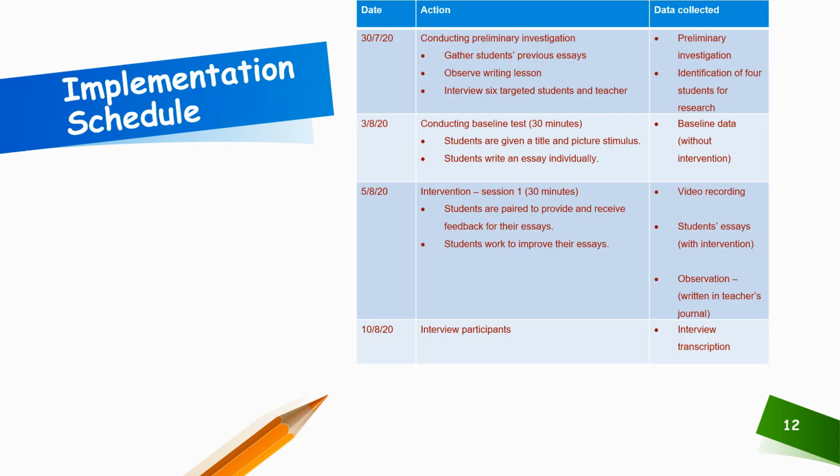So the implementation schedule. Expected date of going to school to do my practicum will be mid-July, and I plan to start my preliminary investigation on 30th of July to gather students' previous essays, to observe their writing lesson, interview, and all that.